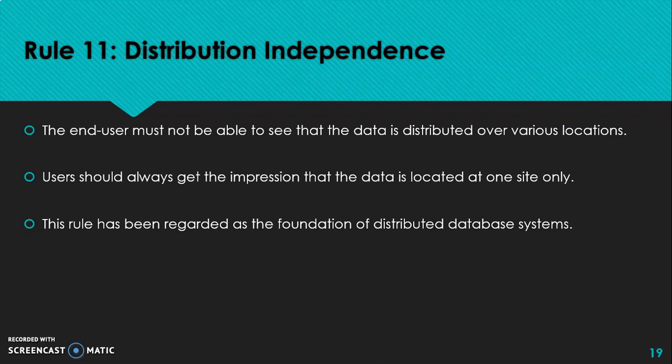Since users are using this database, they are unaware whether this data is stored in a single location or distributed over various locations. So if your system allows this, then we can say that it is distribution independence. Now this rule is regarded as a foundation for the distributed database system.